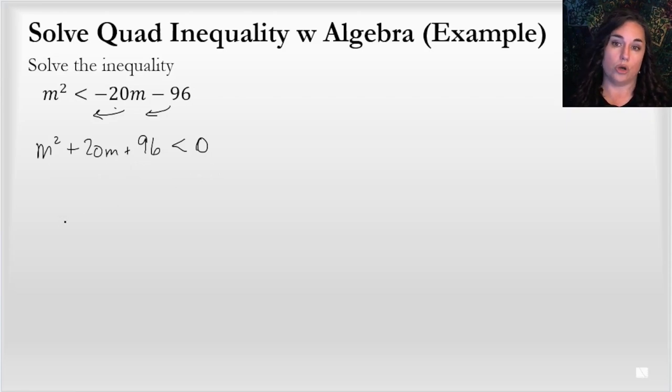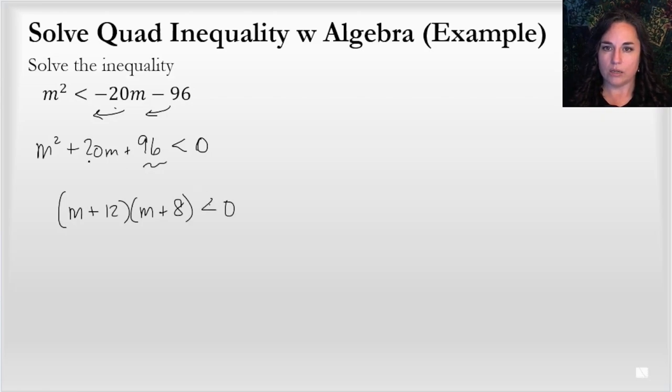And you could use the quadratic formula on this, negative 20 plus or minus the square root, blah, blah, blah. But what I'm going to notice here, and maybe you notice it, the factors of 96, I like it because it's a factor of 12 thing. If you know factors of 12, you're going to get m plus 12. And 8 times 12 is 96.